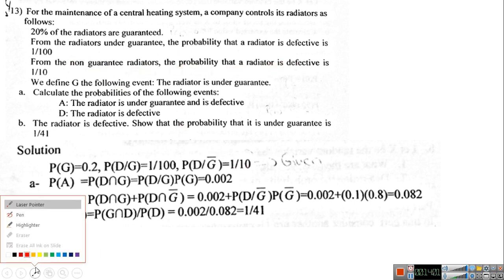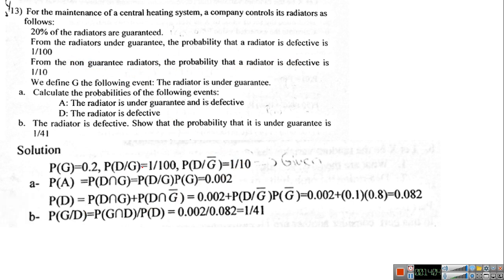So let me tell you before I start, this is a total probability. Why? Because of knowing G bar. So you can do it like this. P of G is 0.2.